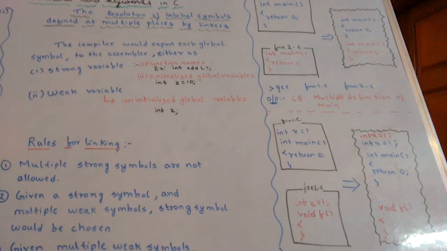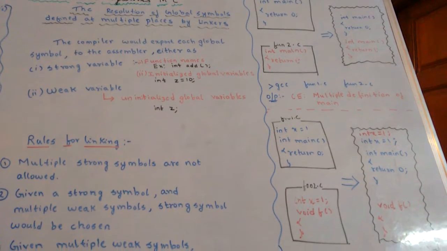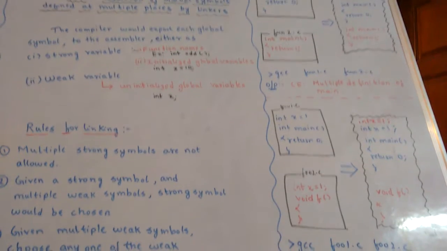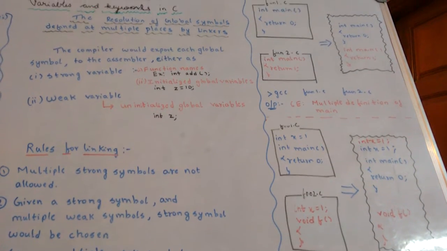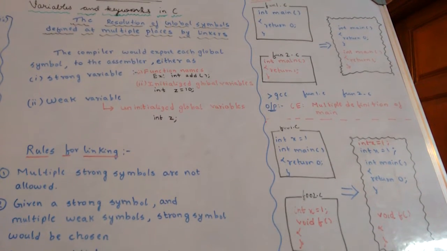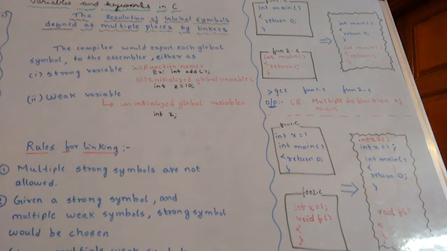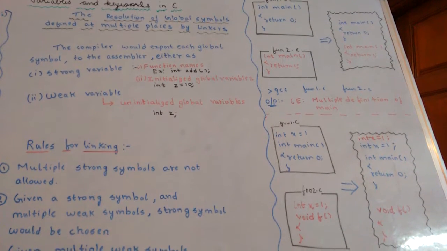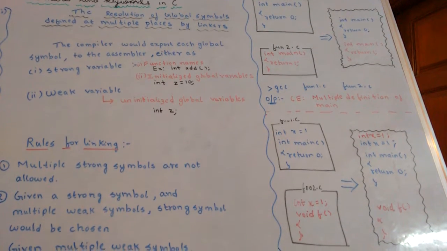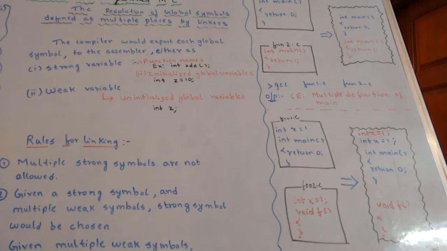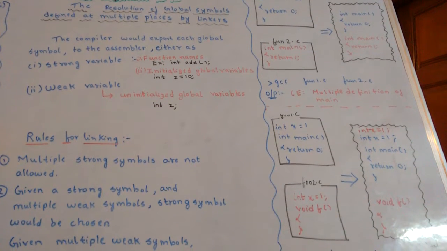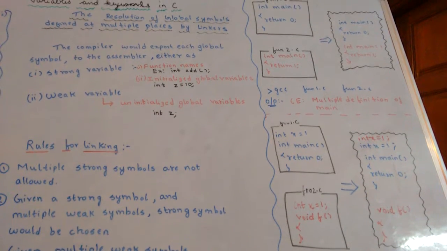I mean main is also a strong function only. Strong symbol only because it's the name of a function. So there are two strong symbols in foo1.c. That is nothing but x and main. Okay. Let us move on to foo2.c. In that, I have int x equal to 1.